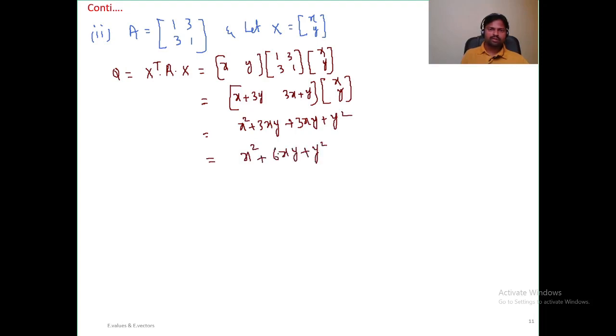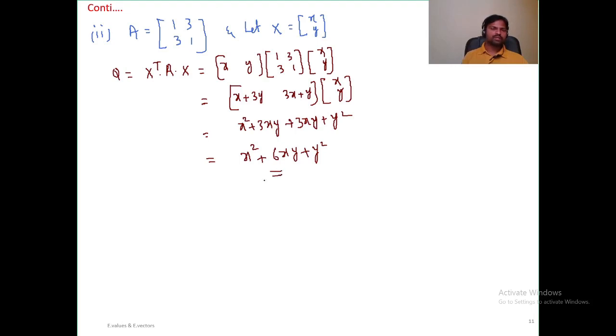Now go back: the x square coefficient is a11, which is 1. The y square coefficient is a22, which is 1. Next, a12 plus a21 is 6, the sum is 6, so it is correct.